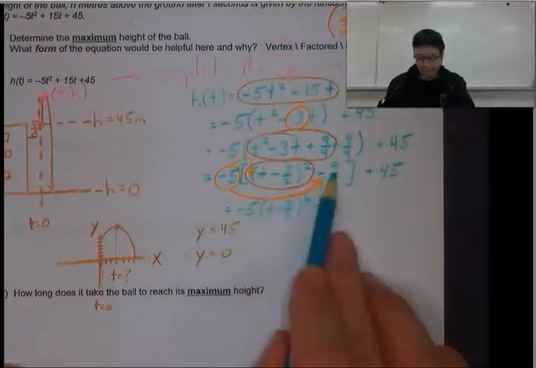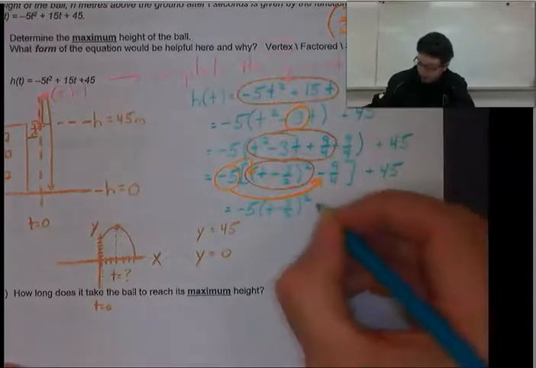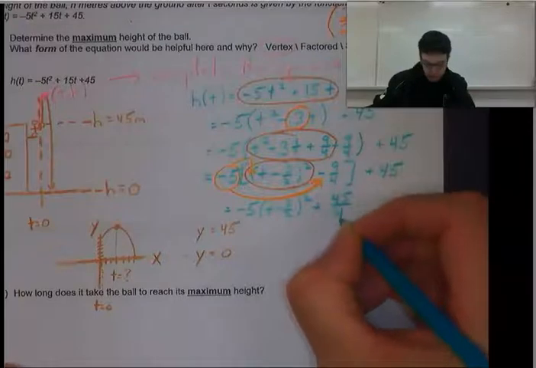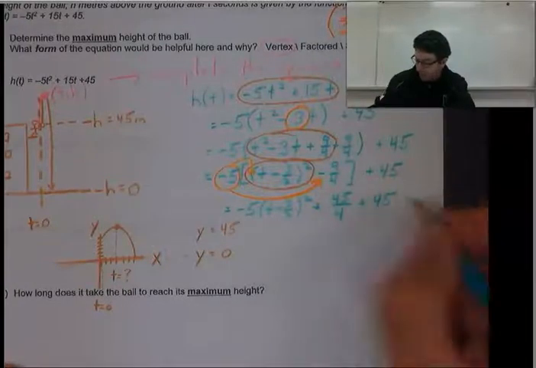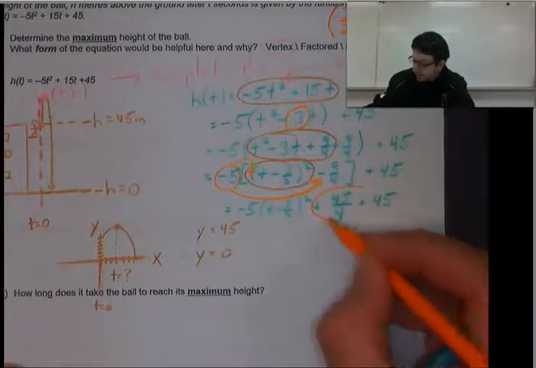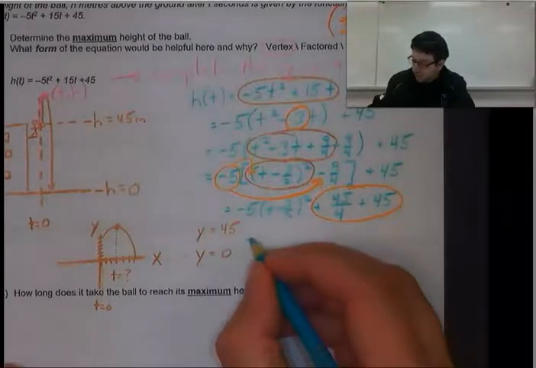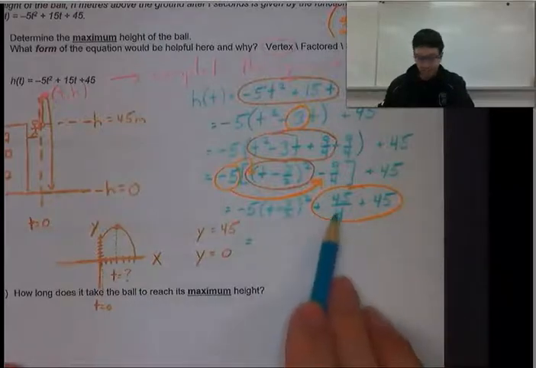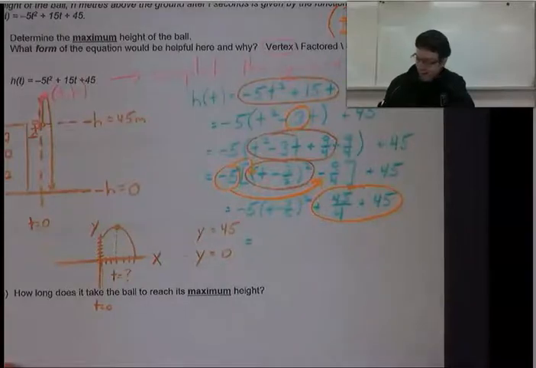So the double negative gives us a positive, and 5 times 9 is 45, so we get plus 45 over 4, and then plus 45. Now these are like terms. They're both constants, so we can just add them together. You can see that this is just 11 1/4, and then add it, or you can just use your calculator, whichever.